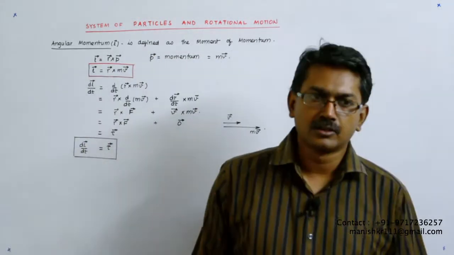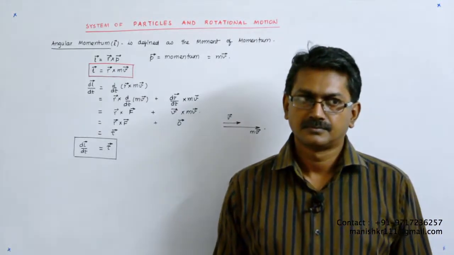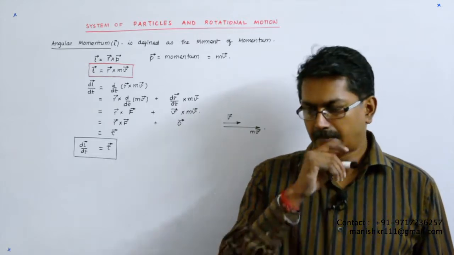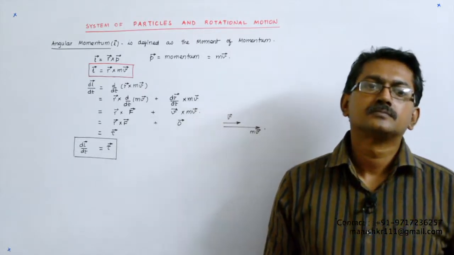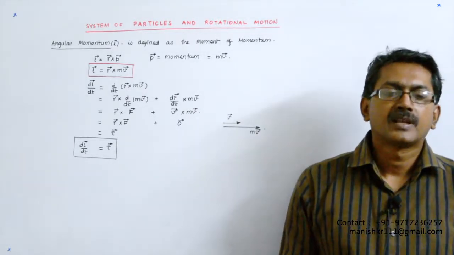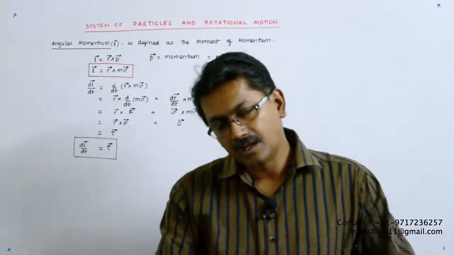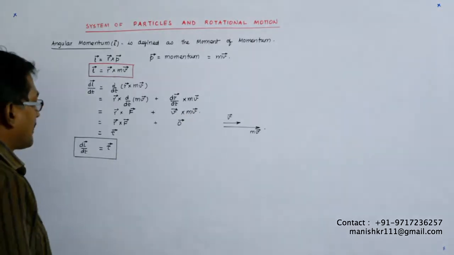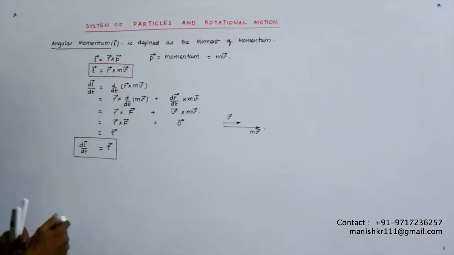Okay. Although in this case, mv cross v would also be 0, right? Yeah, that's why it did not affect. But technically this is correct. So rate of change of angular momentum is equal to torque.